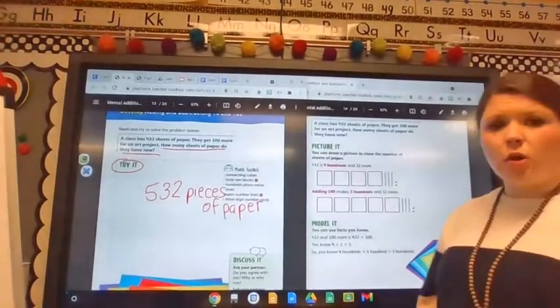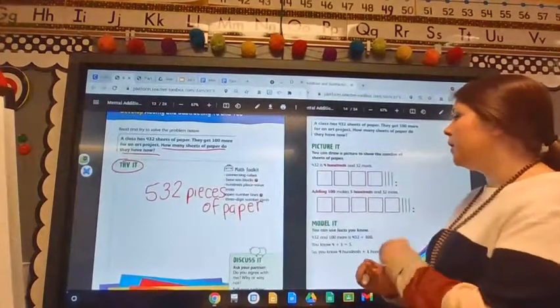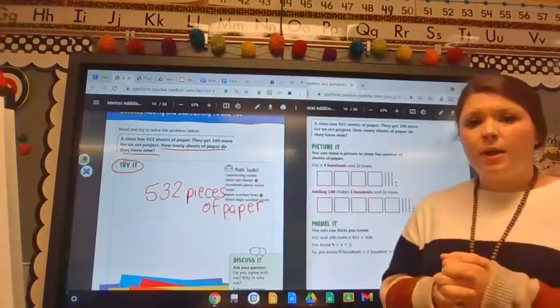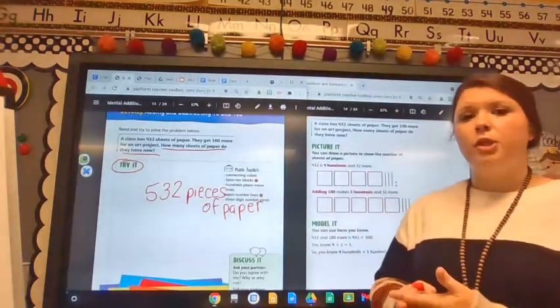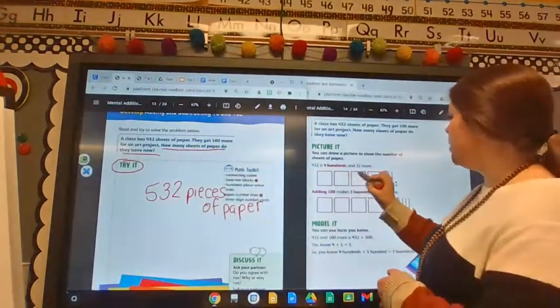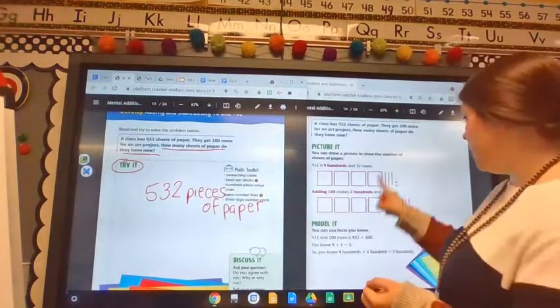You might have chosen to draw a picture. If you draw a picture of 432, you think about how many hundreds are in the number. How many hundreds are in 432? There are 4 hundreds. 1, 2, 3, 4. How many tens are there? 3.